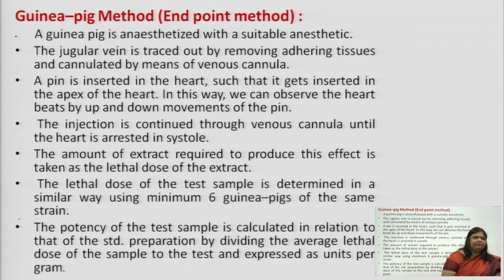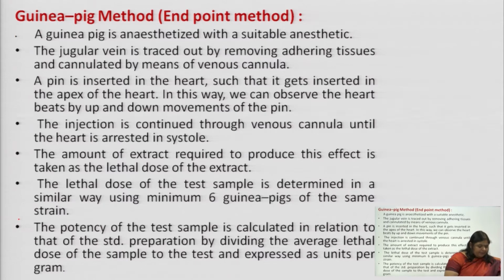So that is why the pin is inserted at the apex of the heart. Now this injection is continued through the venous cannula until the heart is arrested or it stops in systole. Systole means contraction of the heart. So we continue with the injection of the sample until the heart stops in the systole position.